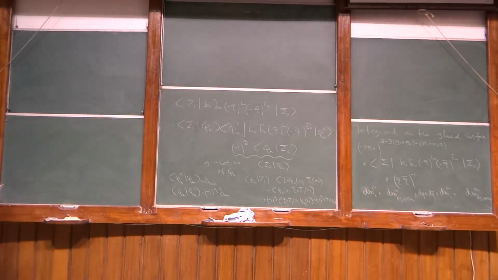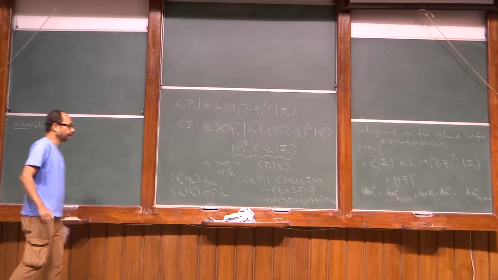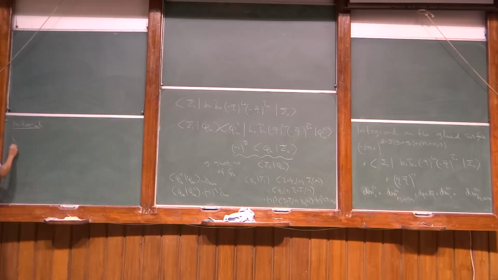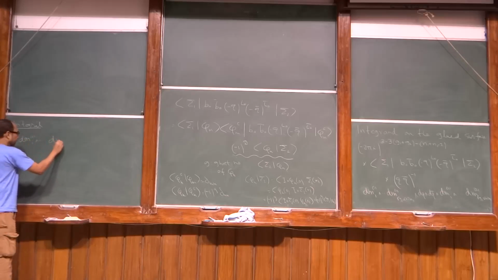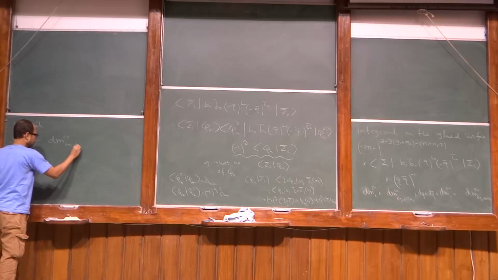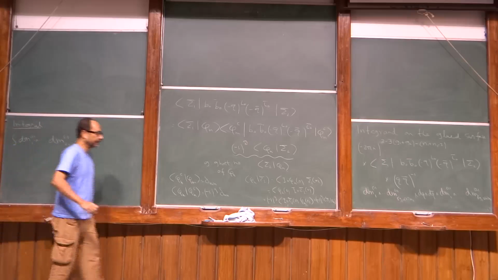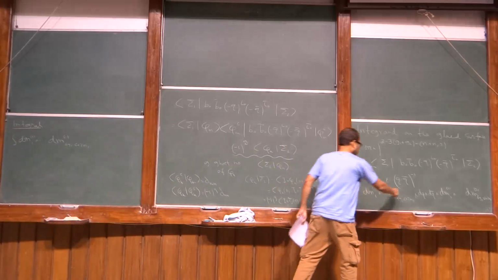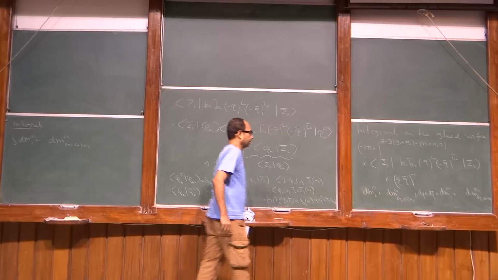Okay, so let me write the integral now. So integral, I'll just rearrange the various terms over here. So there will be integral dm1 with dm1 to the 6g1 minus 6 plus 2n1. Okay, we are taking the first set. Okay.